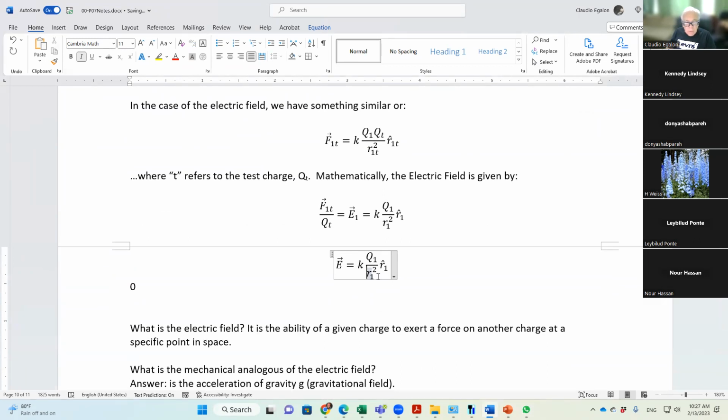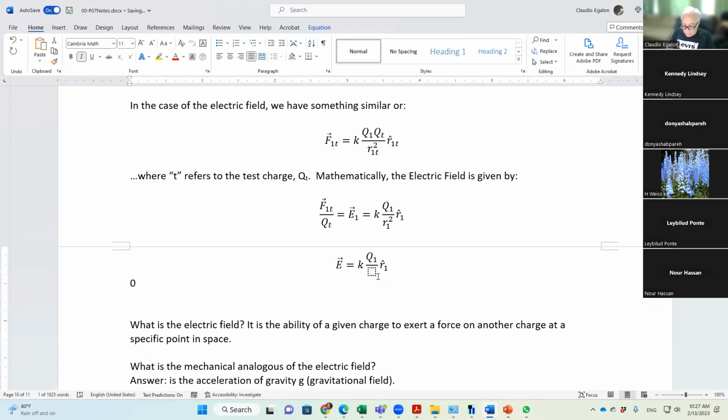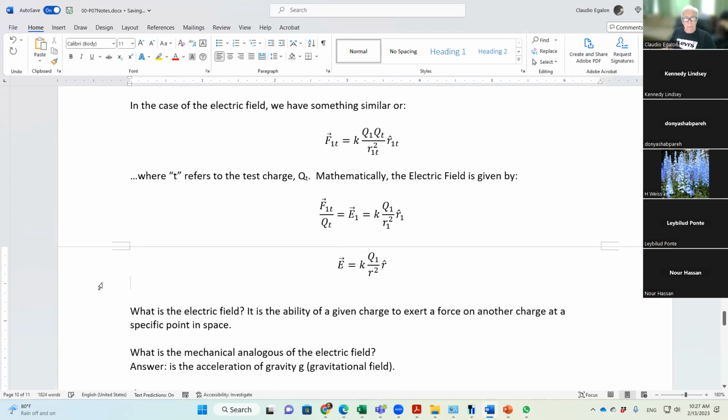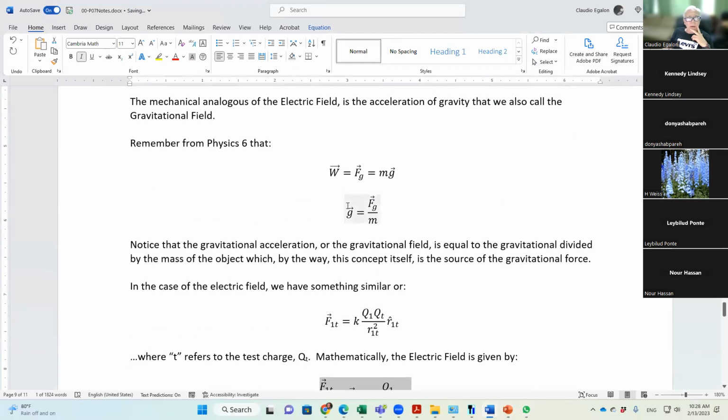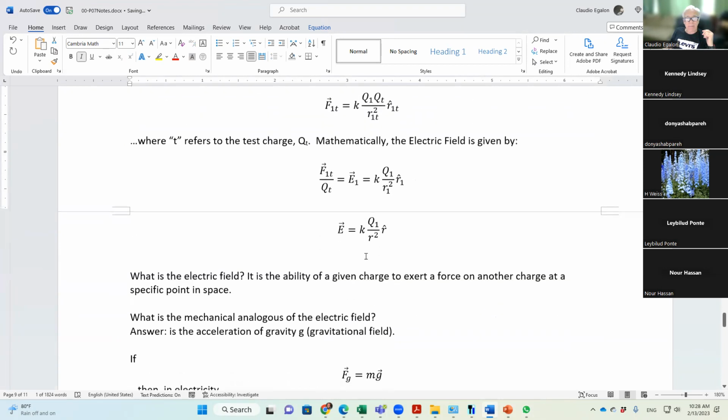That's just a simplification. It's kQ1 divided by r squared. Mathematically, that's how you write it. So it's the force divided by the test charge, whereas right here it is the force divided by the test mass. You can call that the test mass.